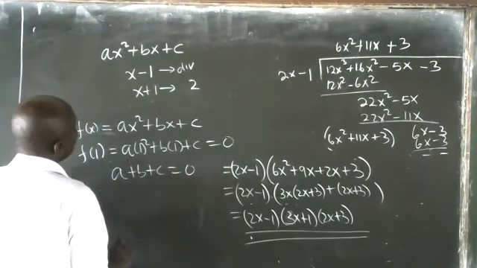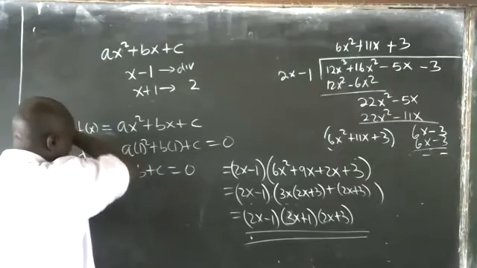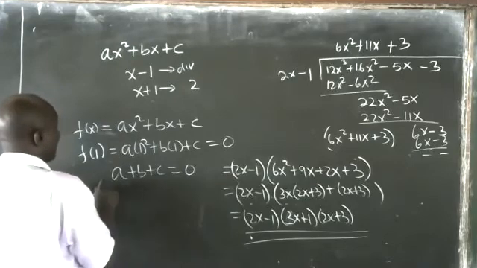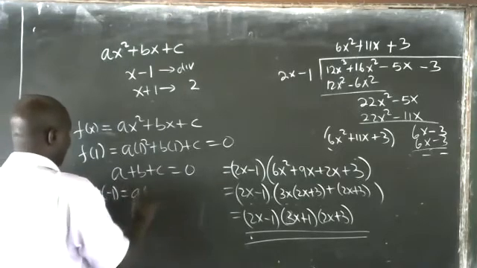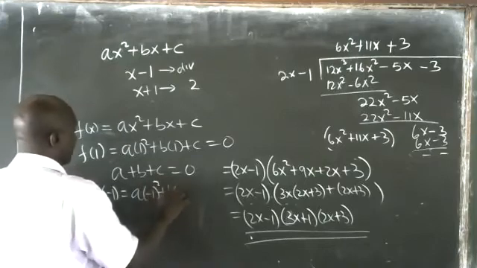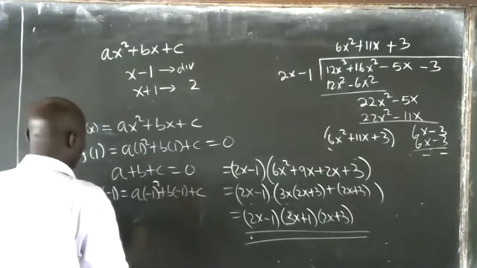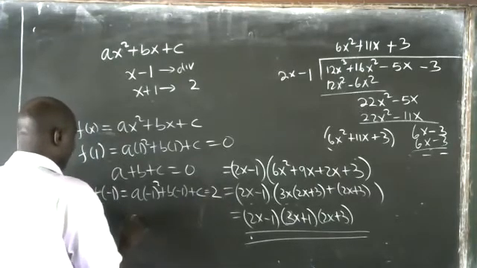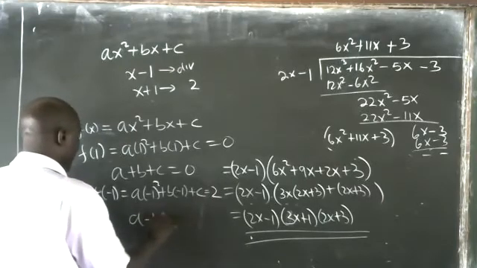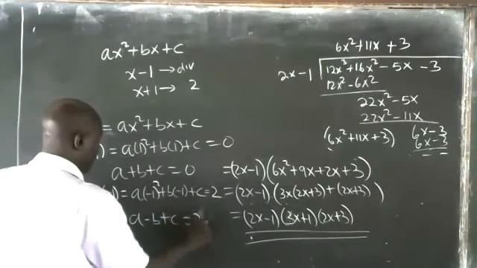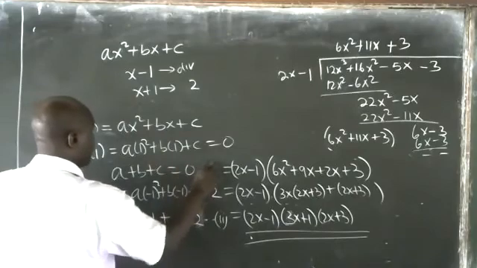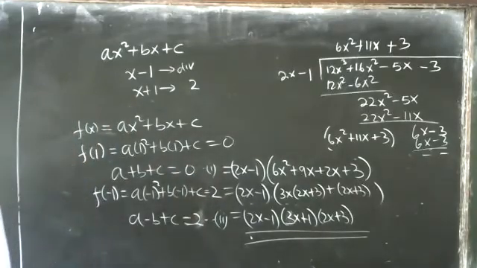And then when you divide by x plus 1, the remainder is 2. So we shall have f(-1) giving us a times negative 1 squared plus b times negative 1 plus c. Then we shall say this one is equal to 2. So we shall have a minus b plus c equals 2. This is equation 2. So we have formed two equations.